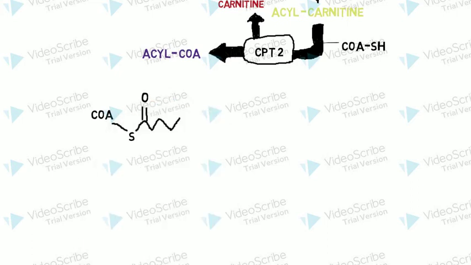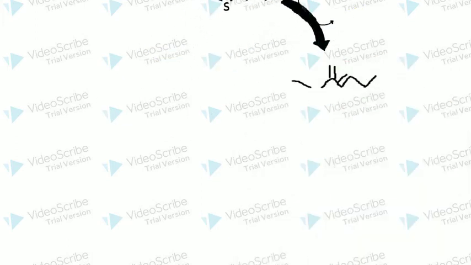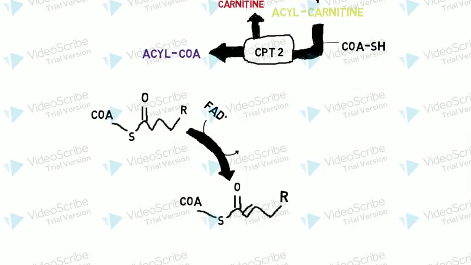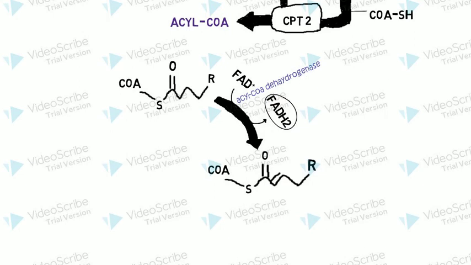The process has 4 phases. In the first, the acyl-CoA is dehydrogenated to form a trans delta 2 enoyl-CoA. In this process, FAD plus is reduced and becomes the higher energy molecule, FADH2. These FADH2 molecules can be used in the electron transport chain. The enzyme that oversees the reaction is named acyl-CoA dehydrogenase.